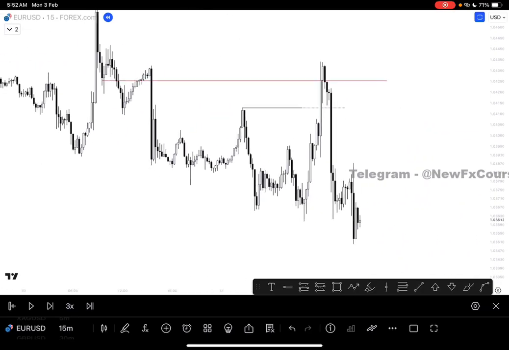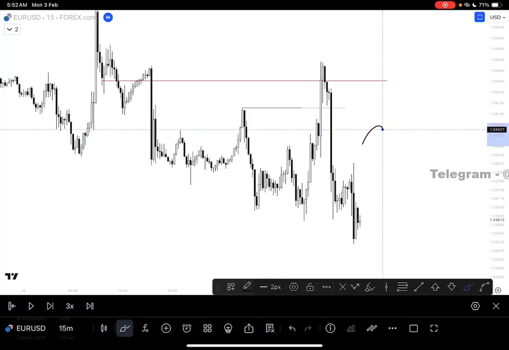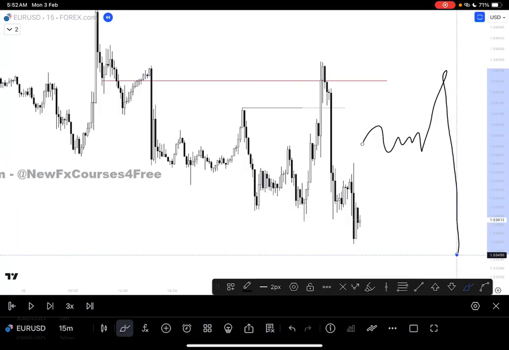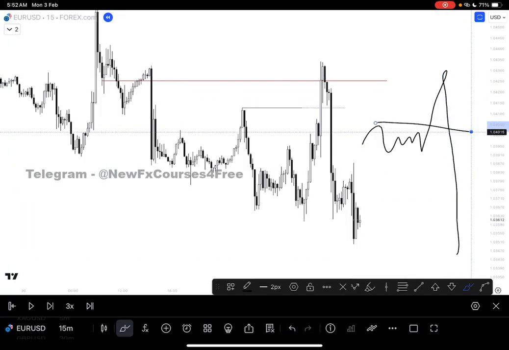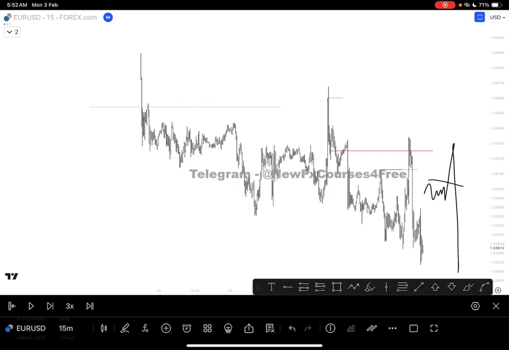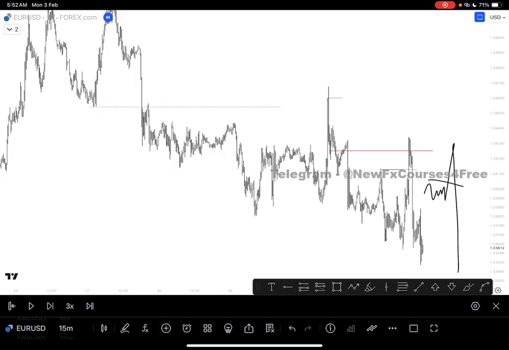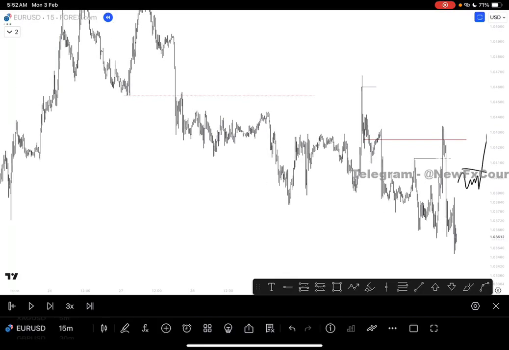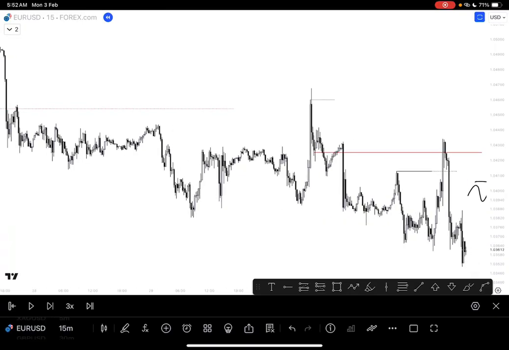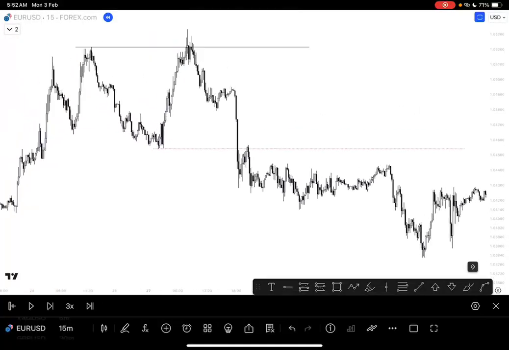And range, manipulation, decline, total soup. So here, if you look here to your left, the markets have actually been sweeping highs and breaking below lows here.